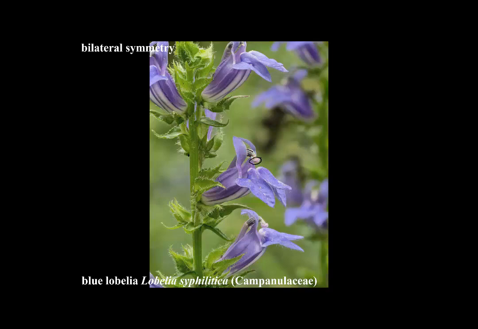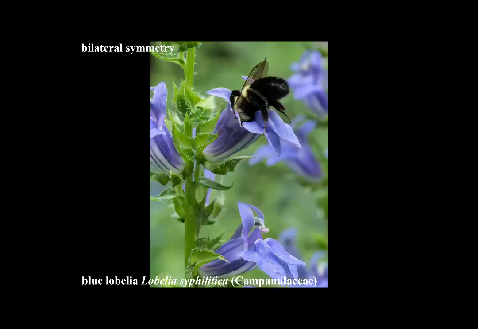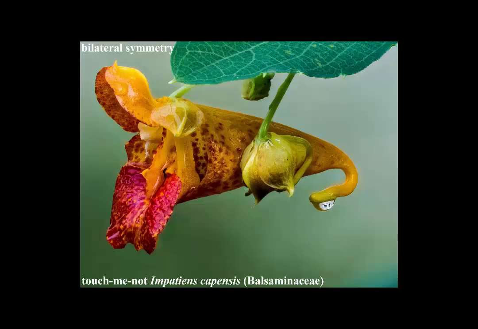The objective of having these flowers that are so contrived is to get a pollinator, like this bee, to orient herself in just the right way to have the part of her body that would collect pollen also be near the part of the body that would receive or be oriented towards the stigmas to receive the pollen. So these are contrivances to enhance the likelihood of pollen transfer.